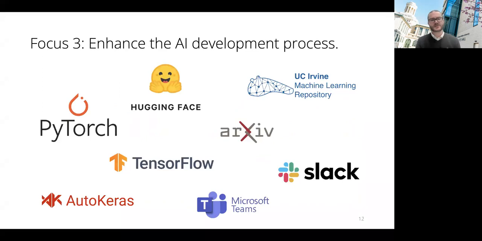And then the third focus that we have for DeFi is to use DeFi to enhance the AI development process for engineering and manufacturing. So you might be familiar with some of these logos. On the left side of the screen, we have tools and software packages, right? PyTorch, TensorFlow.